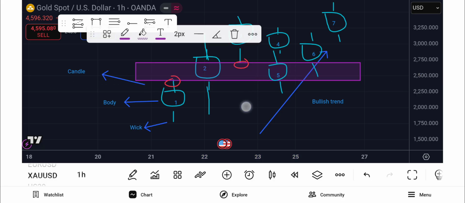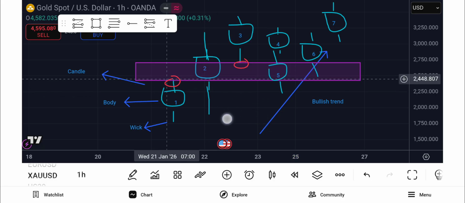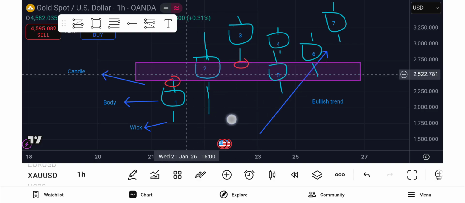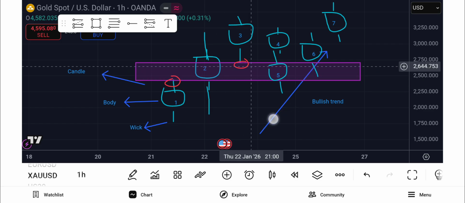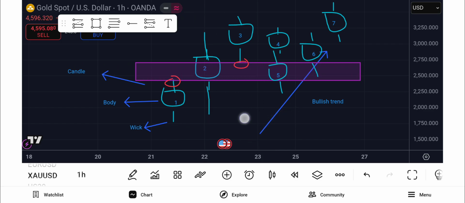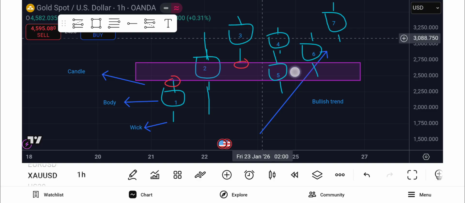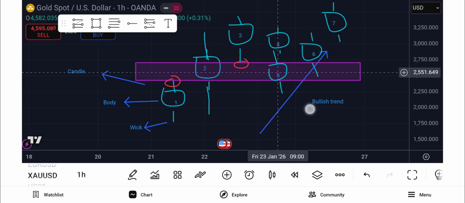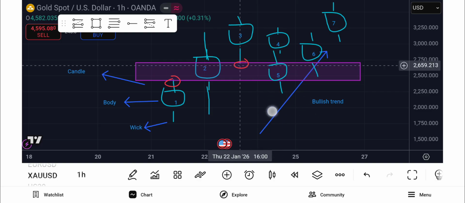Notice how I drew a rectangle in between the first wick and the third wick. You see how I drew a rectangle right in between that. Now notice how you would wait until 3, 4, everything after the third candle, as you can see 4, 5. Notice how the fifth came into the fair value gap.